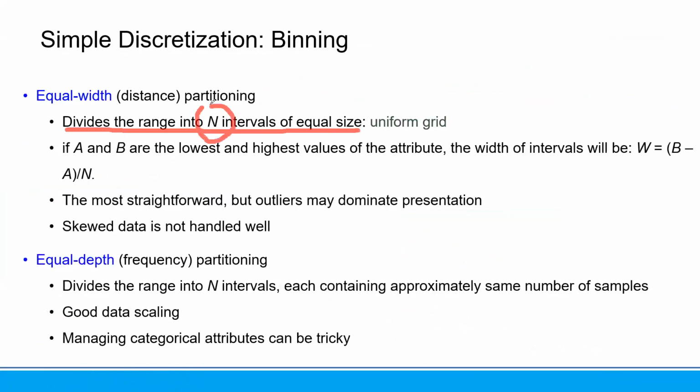Let's say I want to divide into 3. If A and B are the lowest and the highest value of the attribute, A is the lowest and B is the highest, the width of the intervals will be W equals B minus A divided by N.